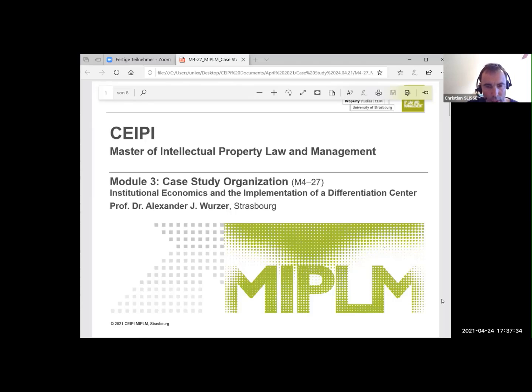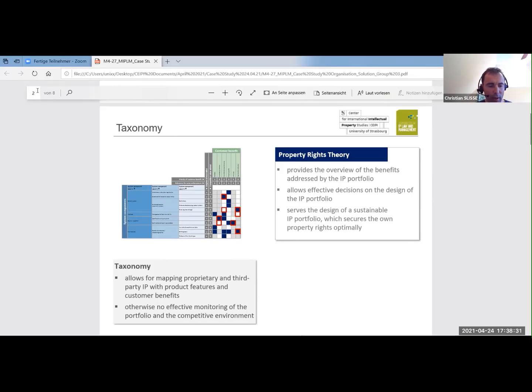And we will have a look at some key elements of a Differentiation Center strategy. So we will look at the principle of taxonomy, which takes its origin in biology as a method to group living organisms in clearly identified entities.